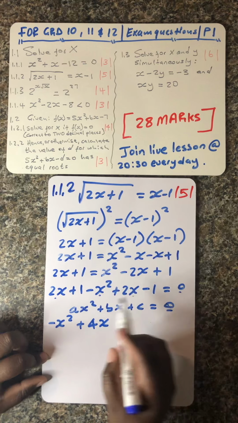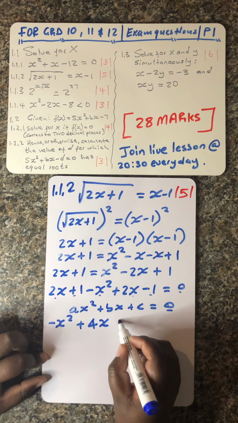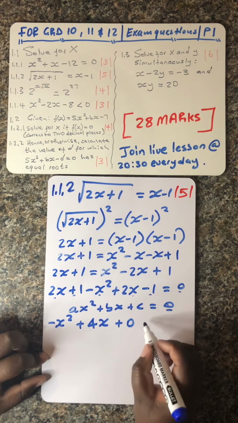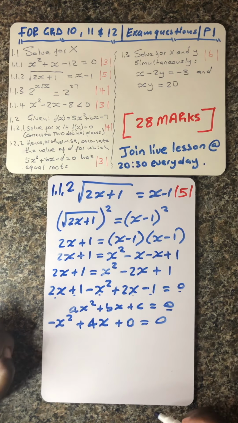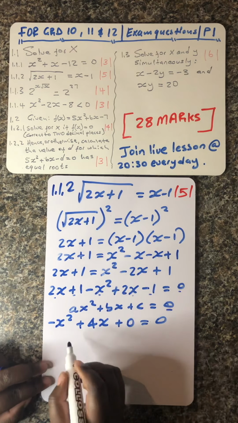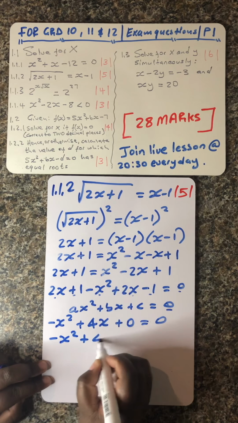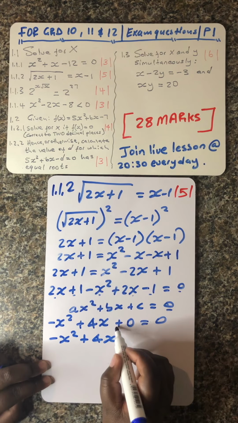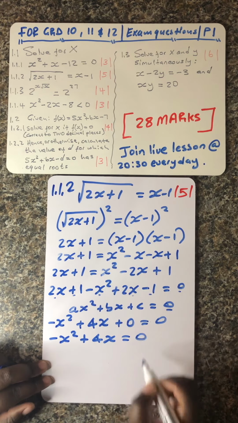Okay, so obviously you've got 1 minus 1, which is equal to 0. So this is equal to 0. Okay, so guys, that means it is the same as negative x squared plus 4x. I'm just ignoring that 0 because it's just 0, so this is equal to 0.